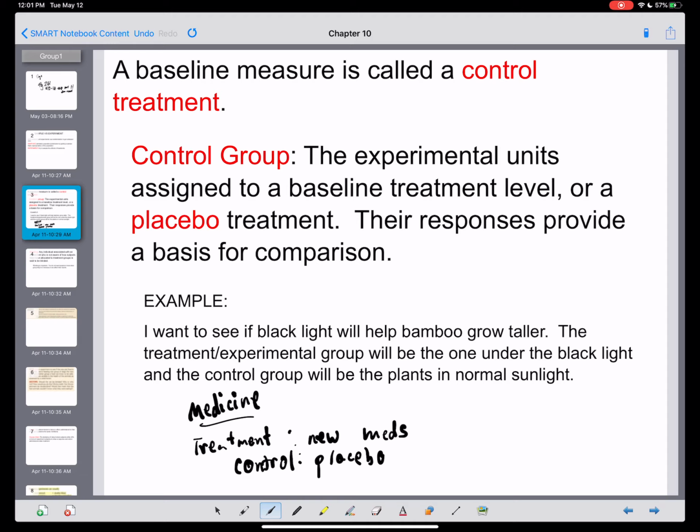It doesn't really affect them at all, but you give it to them so that they don't know whether they have the placebo or the treatment. You still give them something so that they're not biased in some sort of way.